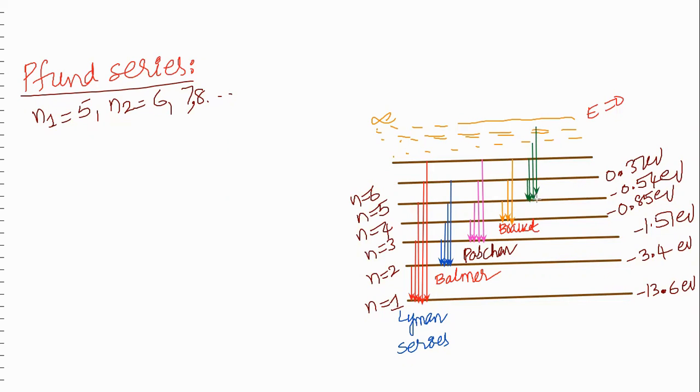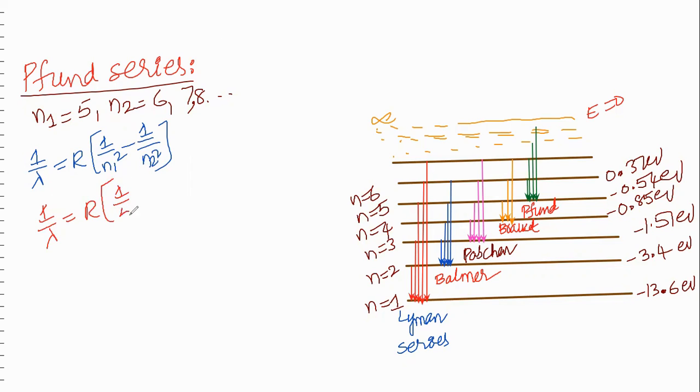We'll take this as the Pfund series. For the Pfund series, 1 by lambda is equal to R into 1 by 5 square minus 1 by n2 square. Like this we will get.